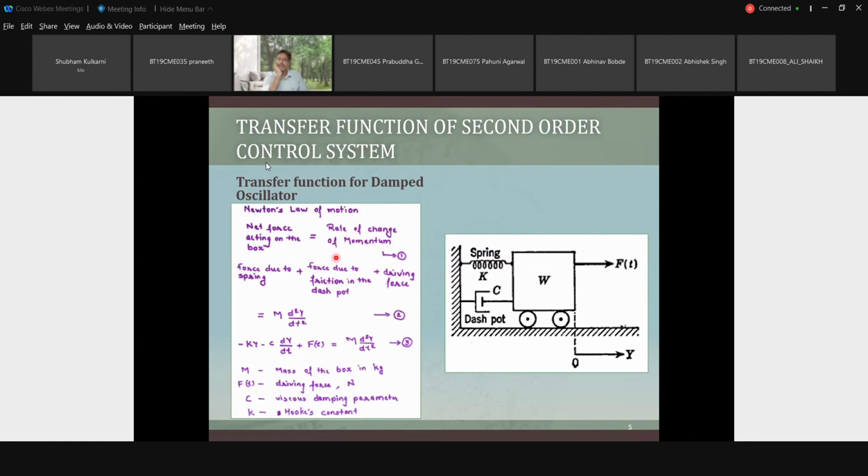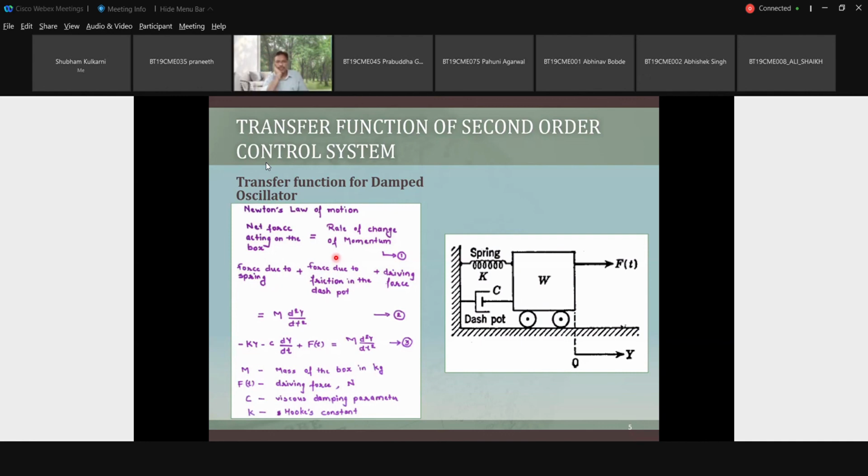so this is an example which you need to try at home. Okay, you have to implement Newton's law of motion. Net force acting on the box is equal to rate of change of momentum. Force is equal to m into a.